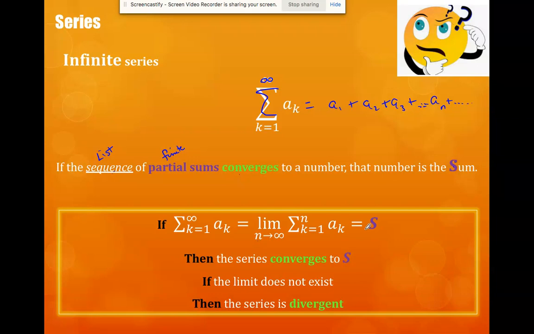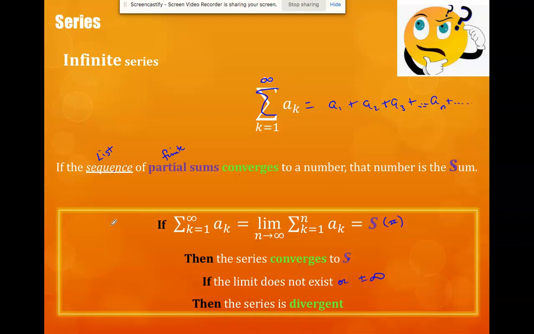Remember, with limits you can get a number, or you can get an infinity, or it does not exist. If you get a number, then the series converges to that number. If the limit does not exist, or is positive or negative infinity, then the series is divergent. So I'm going to show you an example of each one of these.